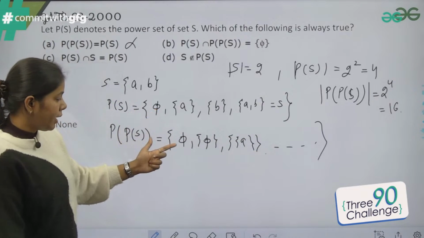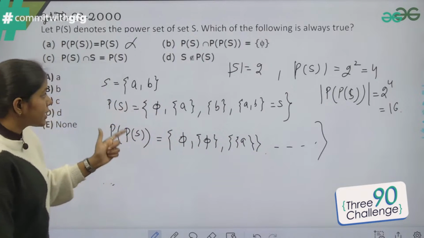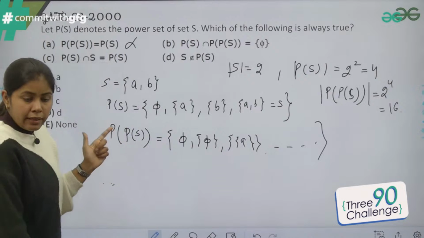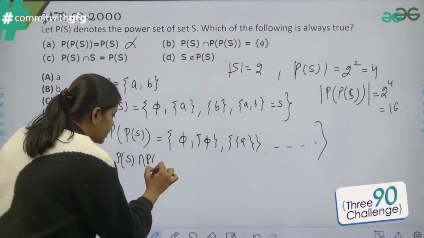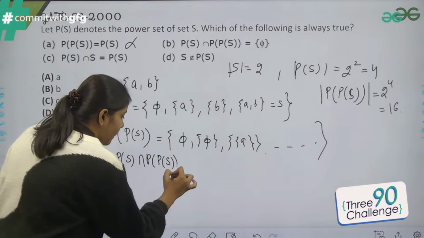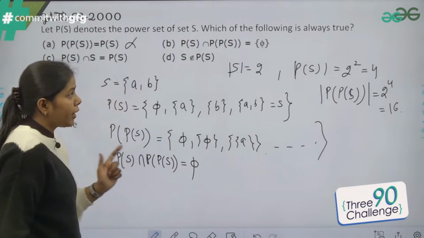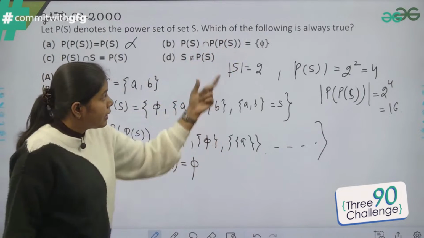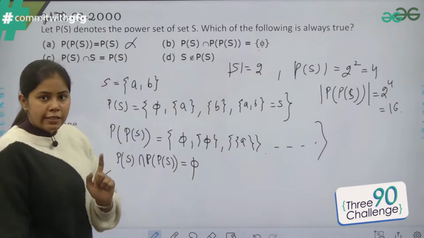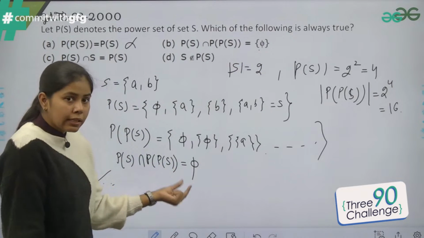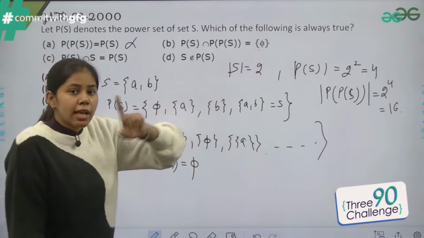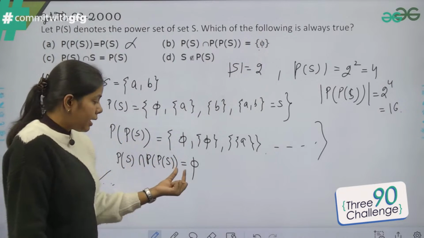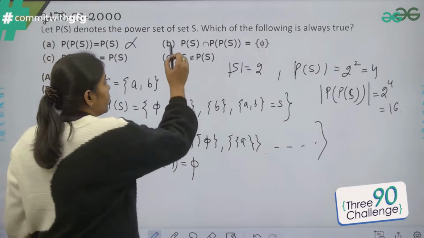But here is a phi, here is a phi. So their intersection would be phi, right? What would be their intersection? Their intersection is nothing but phi, but they have written {phi}. Guys, there is a difference. Just understand this. This is a null set. This is a singleton set, which has one element which is the null set. Here, this is a null set only. So B is also not true.